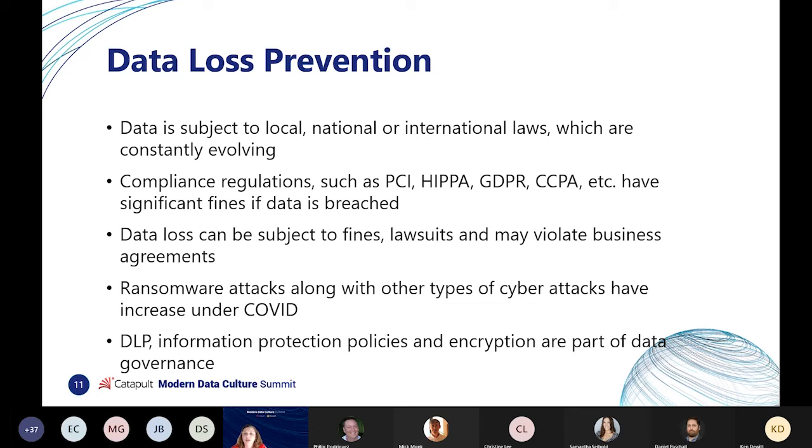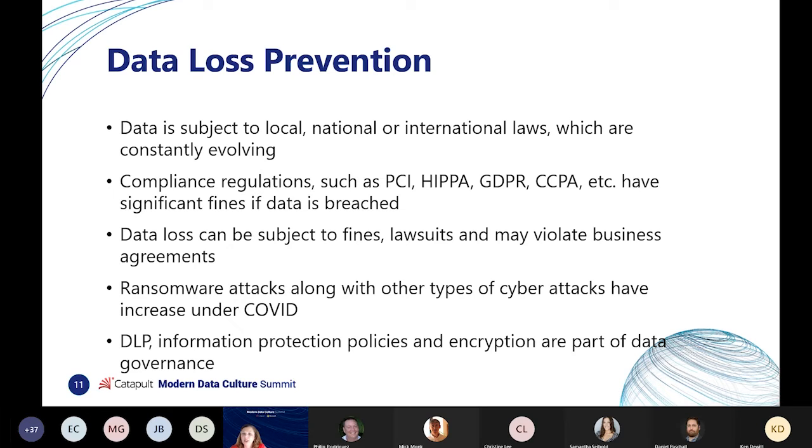And ransomware attacks, like I said, along with other kinds of attacks, have increased under COVID, and it can get really scary because, of course, if you're a health entity and people's lives may truly be on the line with a ransomware attack, it's hard. And certainly ransomware attacks are not easy to navigate regardless of what your organization is and what type of data you're dealing with.